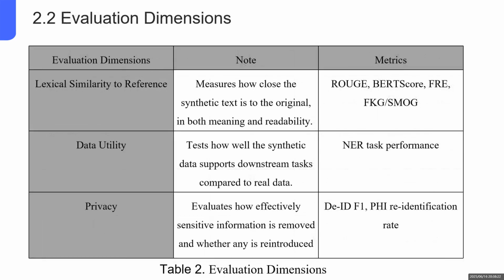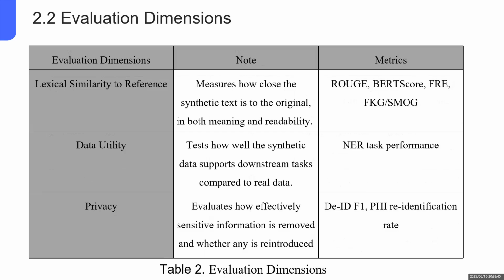We evaluated our system from 3 perspectives, also as shown in the table. Lexical similarity measures how close the synthetic text is to the real one, both in meaning and readability. We use RoBERTa BERTScore and readability metrics like Flesch Reading Ease, FKGL, and SMOG.